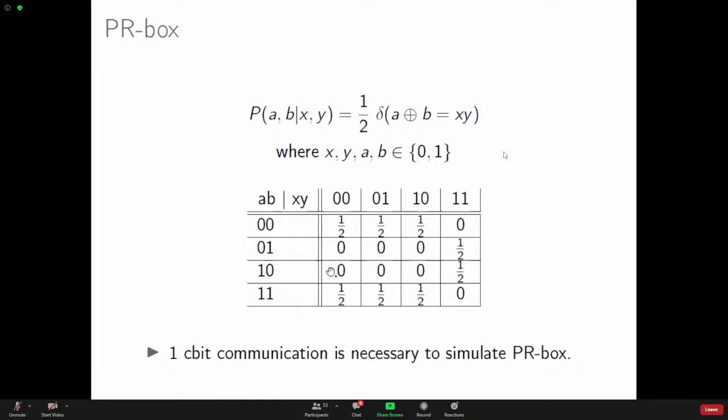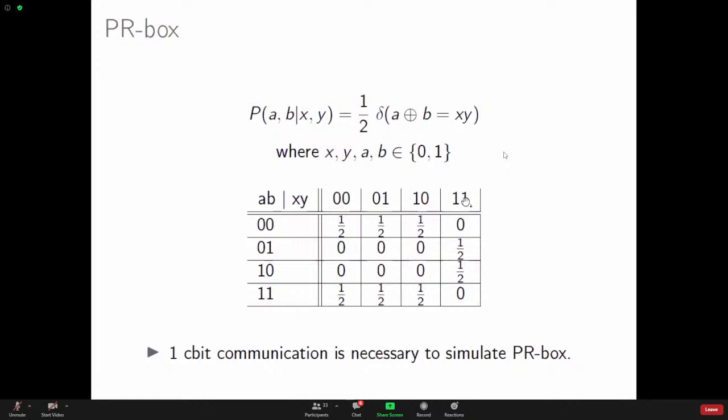So these are outcome probabilities: half probability when they are correlated as 0,0 and half when they are correlated as 1,1. And similarly in all other cases where the product of their measurements is 0.